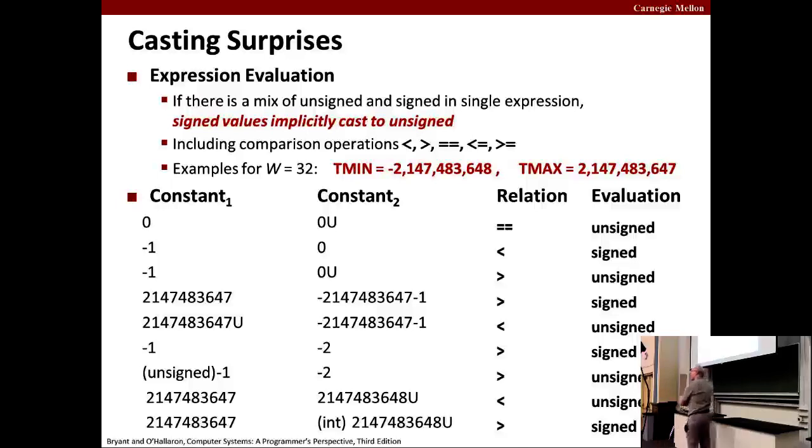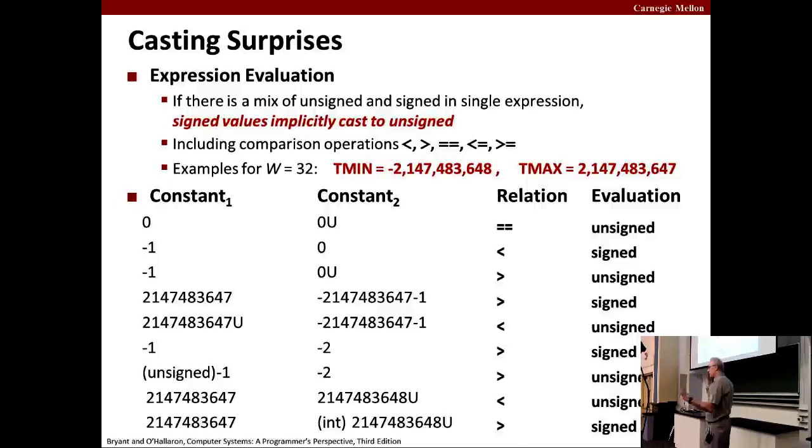Question? Do those rules also apply for arithmetic operations? So for example, if you did unsigned 0 plus -1, you would get U max? Yes. So comparison is just a special case of the more general one, which is addition, subtraction, all of those.